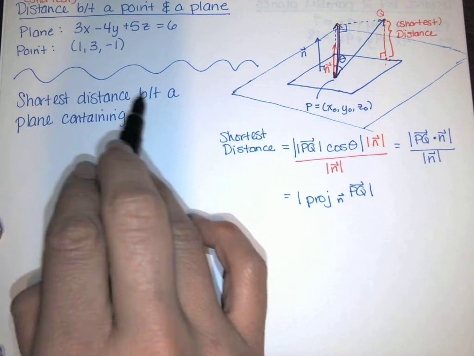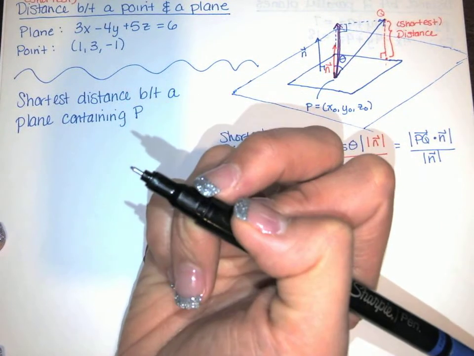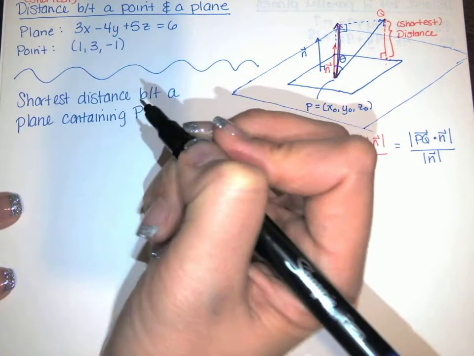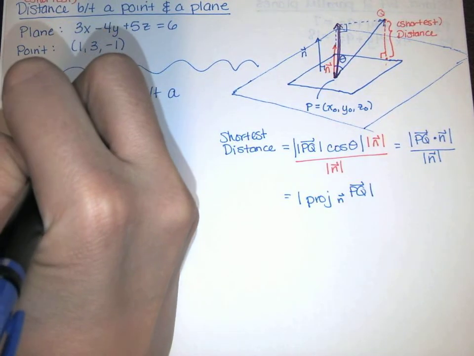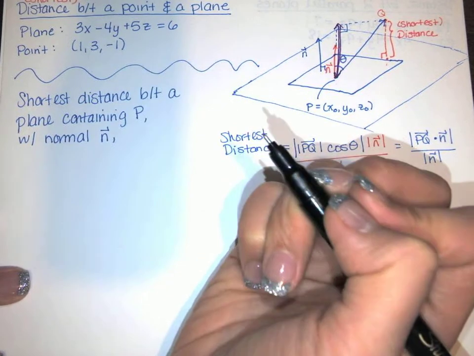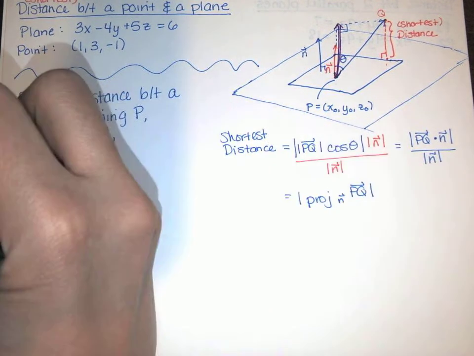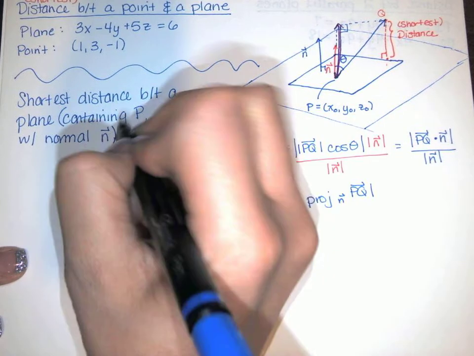And we're taking the shortest distance between the plane containing P with normal vector n.